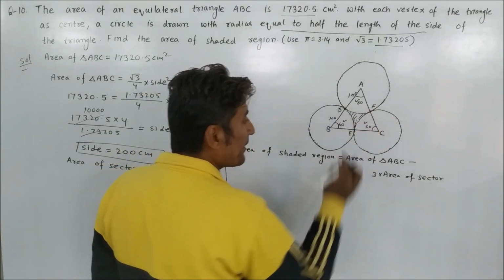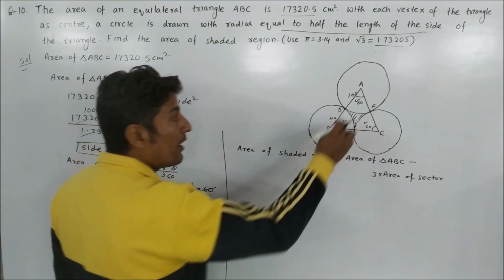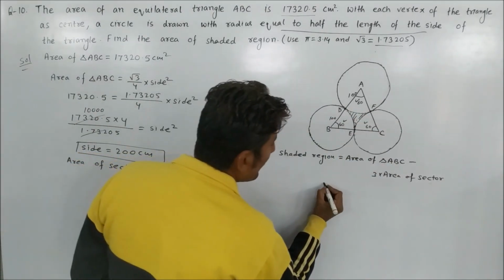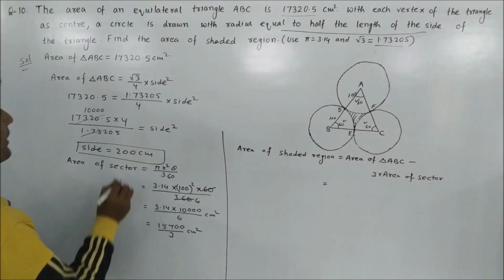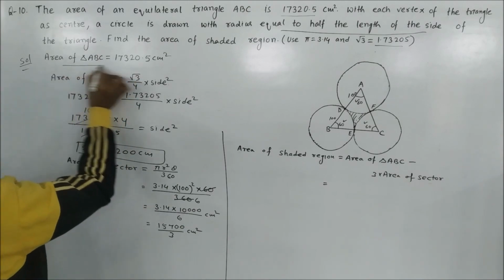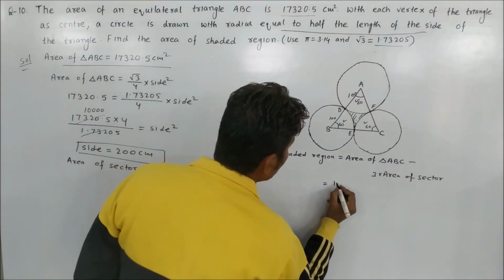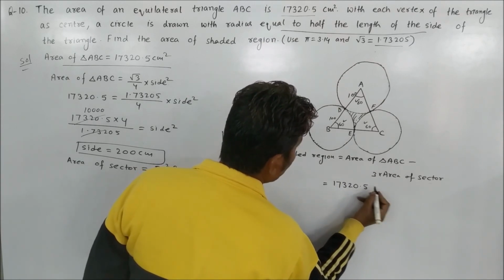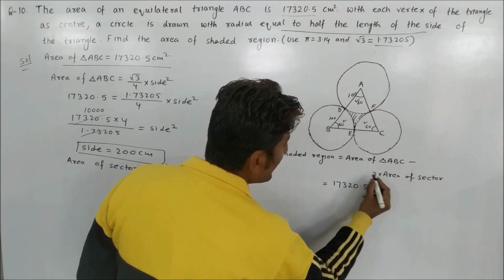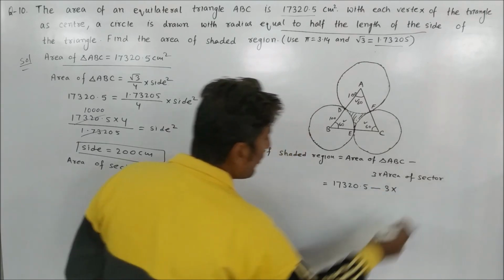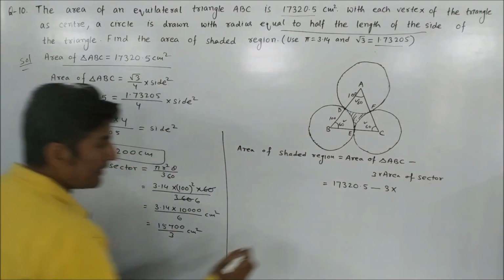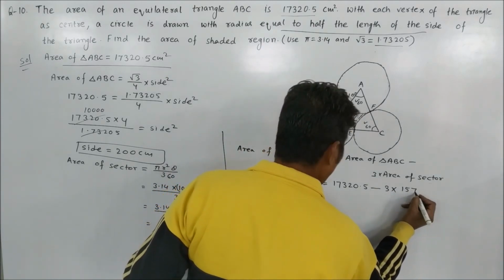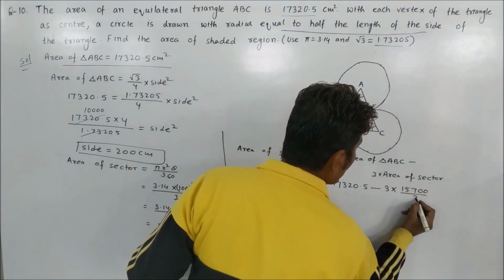Since we are having 3 sectors, we have to subtract all the sectors from the area of this triangle. So here we can write area of triangle ABC, we are already having in the very first line of the solution, 17,320.5 centimeter square minus 3 multiplied by area of one sector we have already calculated, 15,700 upon 3.